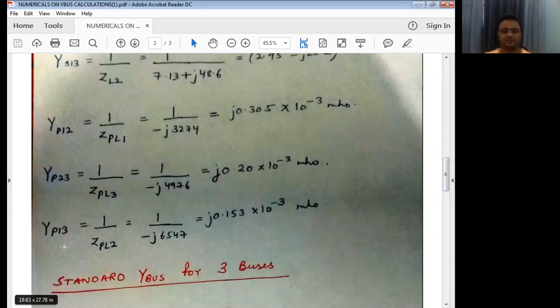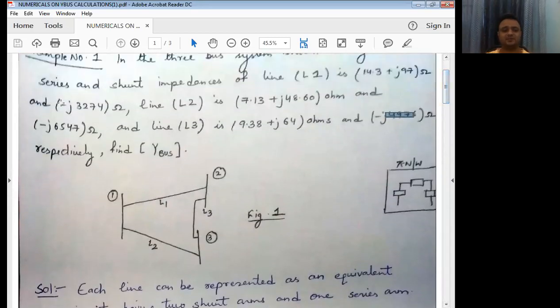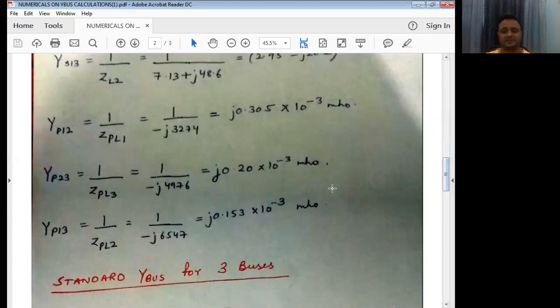Shunt admittance between 1 and 3 is the inverse of shunt impedance of line 2. So substitute here the shunt values of the lines, represented in this format. This is for line 1, line 2 shunt admittance, line 3 shunt admittance. So series and shunt admittances are calculated from the given series and shunt impedances.